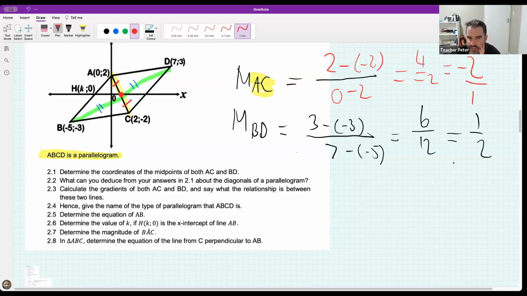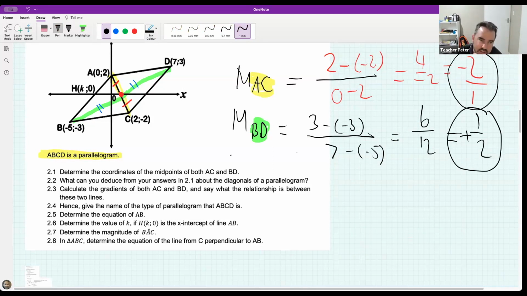What does that tell me about the relationship between the green and the yellow line? Because something interesting has happened, and I want to know if you spotted it. What does it mean if the gradient of the one line is -2/1 and the gradient of the other one is +1/2? It means they must be perpendicular.